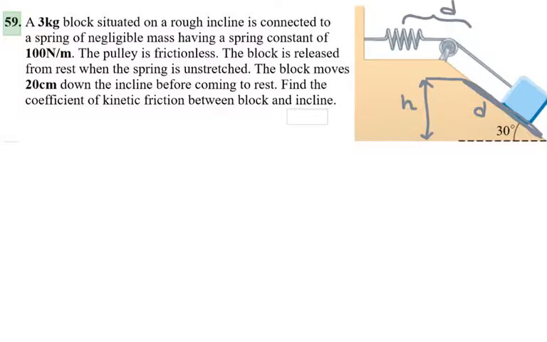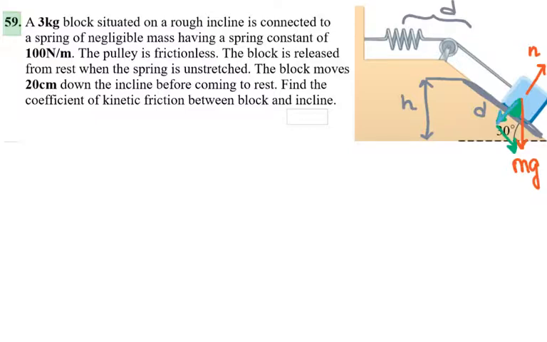The forces that are acting on the block are the normal force and mg. And that mg can be broken into mg cosine and mg sine from our dynamics lessons. So the angle is going to be this angle, 30 degrees, and I have mg sine, mg cosine.